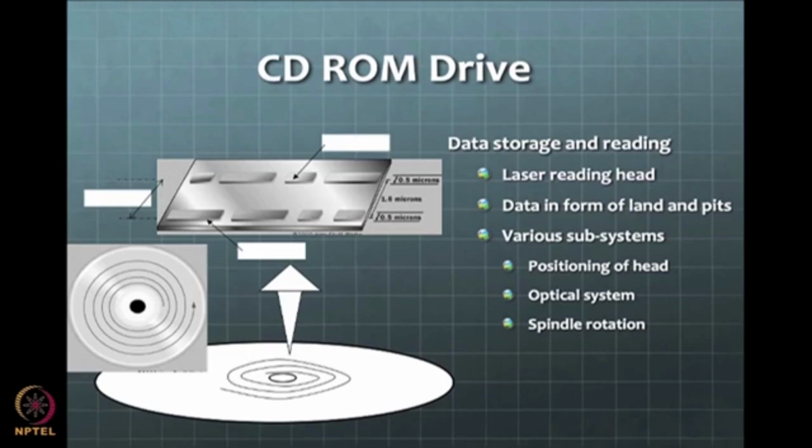How do we design a system which can position something within that distance? If this distance is 1.6 micron, our positioning should be at least 10% of that distance, so maybe within 0.2 microns or 200 nanometers. How do we do that?